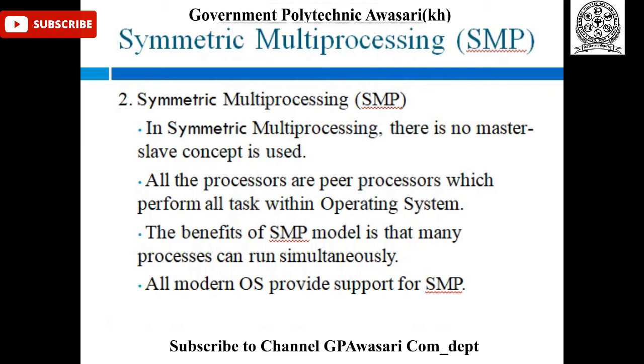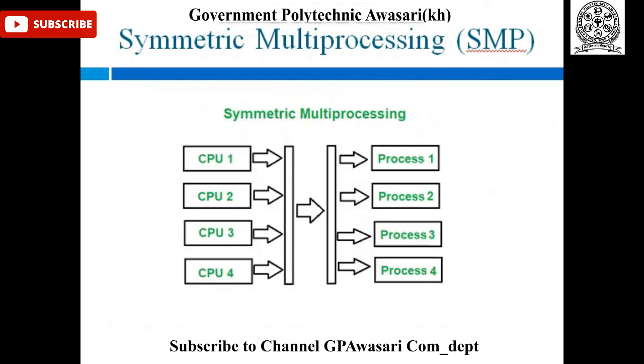Means each processor will perform their own task. The benefit of the SMP model is that many processes can run simultaneously. All modern operating systems provide support for SMP. In this diagram, we can see that there is no master-slave processor. Each processor will perform their own task.